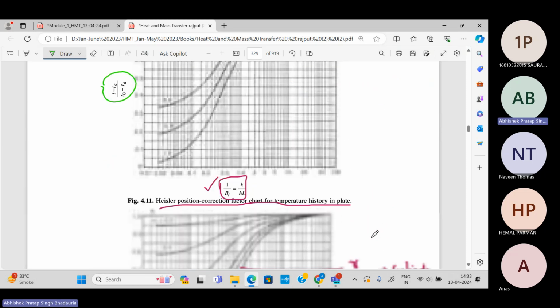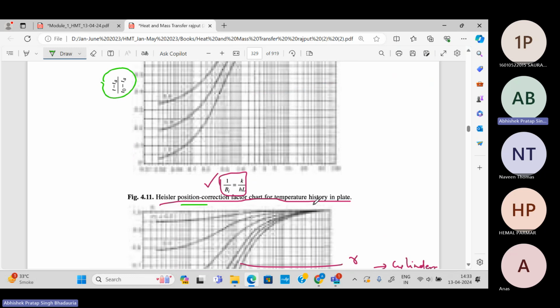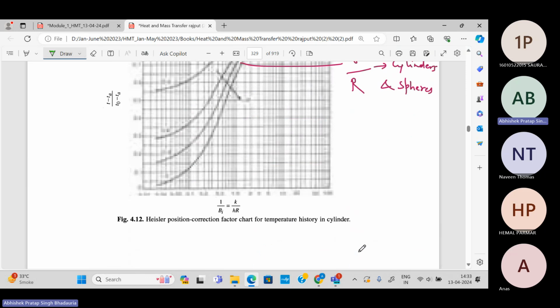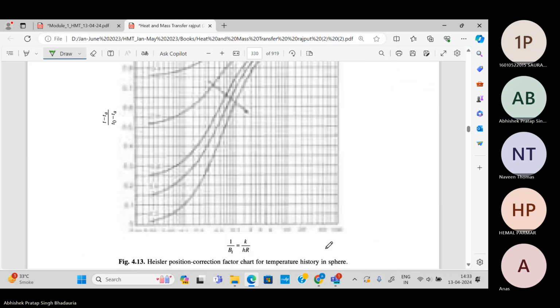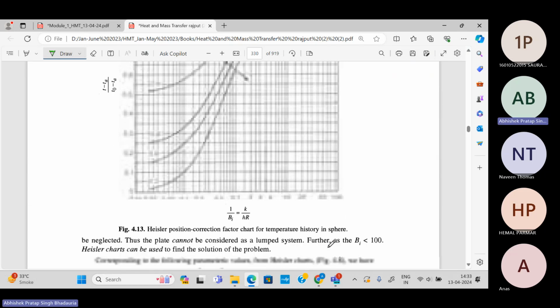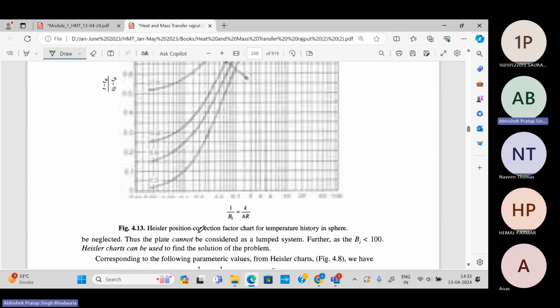Now you can see this is the correction factor chart for the plate, the correction factor chart for the cylinder, and this is the correction factor chart for the sphere. So separate correction factor charts are available for separate geometries.